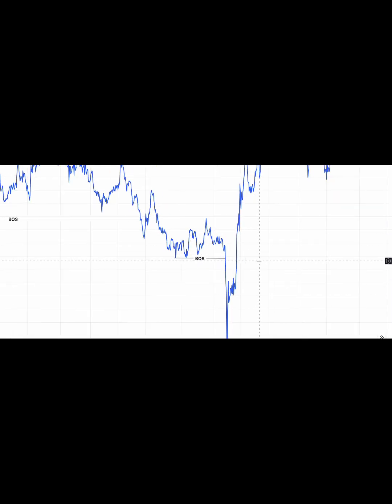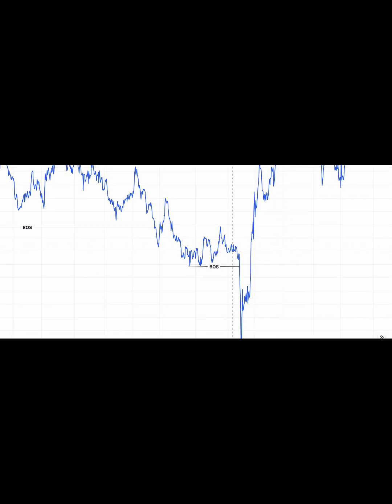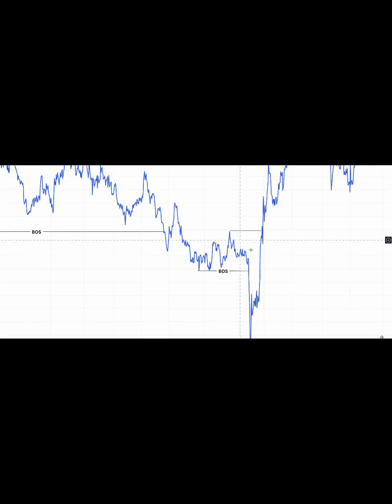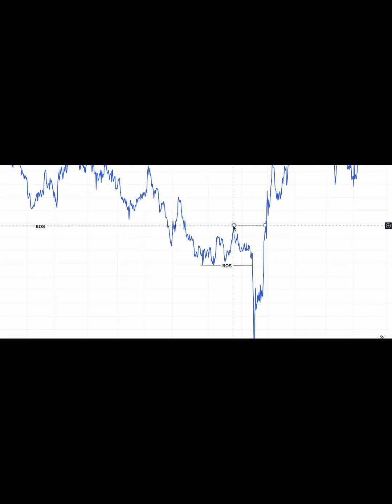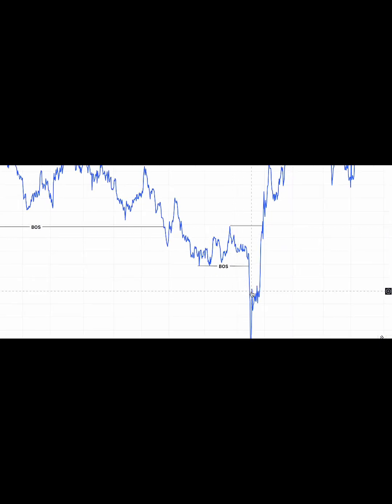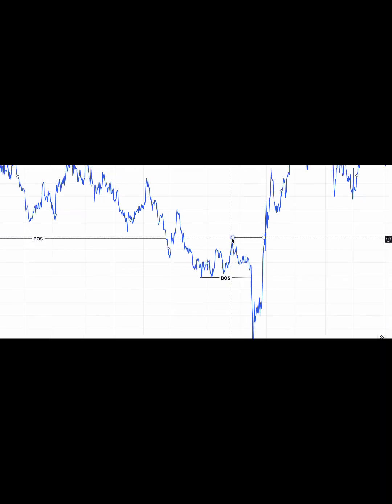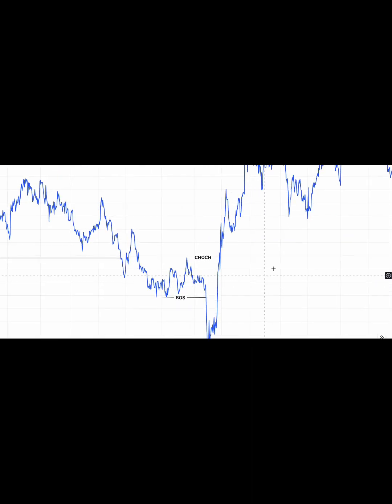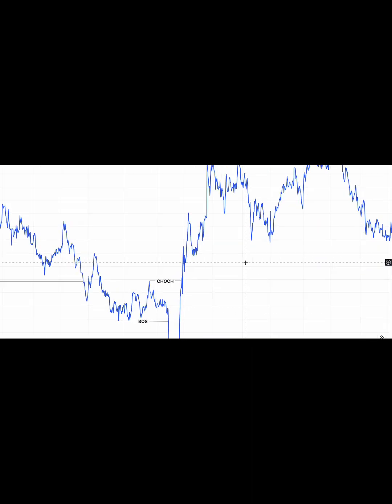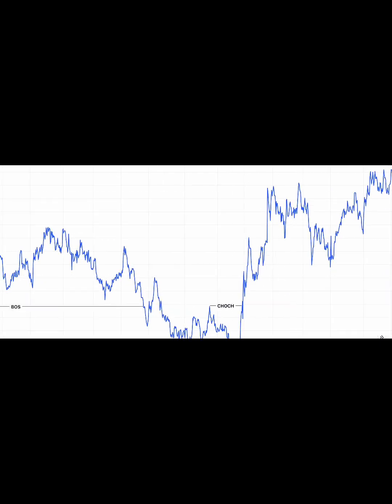And look at where the momentum is from. The momentum is from here, where the price pushed to create the break of structure. So this is where we know it as a change of character. Then the price starts to have a reversal.